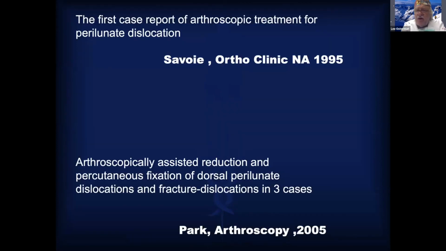Interestingly enough, Buddy Savoy first wrote about arthroscopically assisted reduction of perilunate dislocations way back in 1995. It sort of lay fallow for a while until Park presented 3 cases.